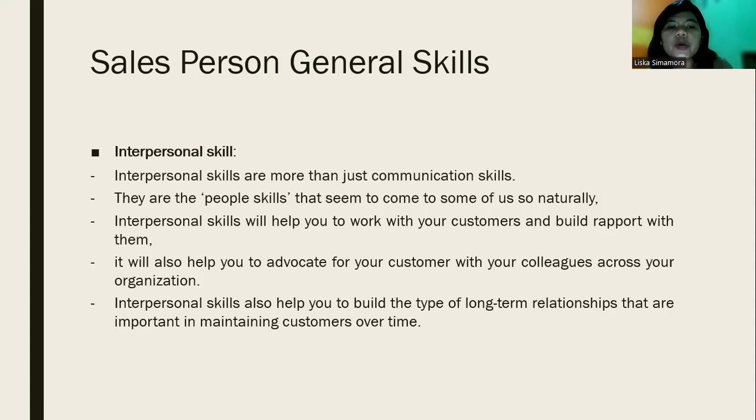It will also help you to advocate for your customer with your colleagues across your organization. So this interpersonal skill will help you protect your customer across your organization, for example, from your competitor. Interpersonal skills also help you to build the type of long-term relationships that are important in maintaining customers over time.